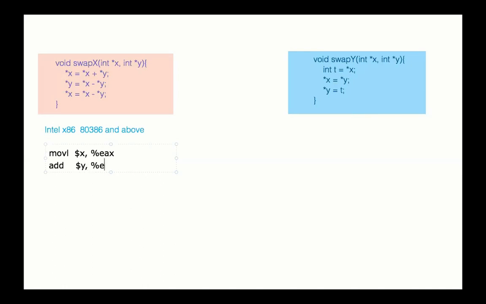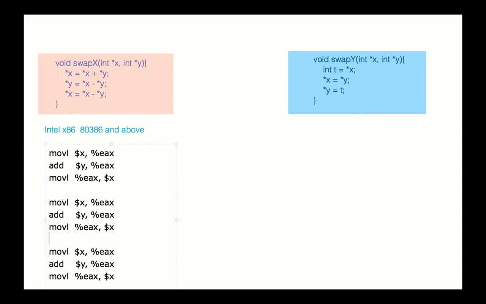So I'll say add as an instruction, and I'll say $y, which goes with %eax. eax has X already, so the content of Y is added to eax. eax now again performs a movl, and then you have %eax, which pushes the value back to X, because X is on the left-hand side, and that's getting updated.